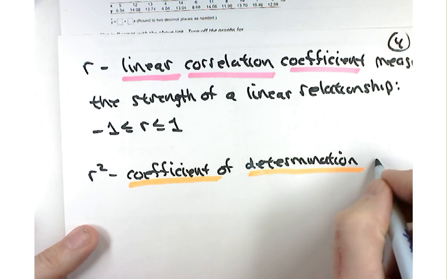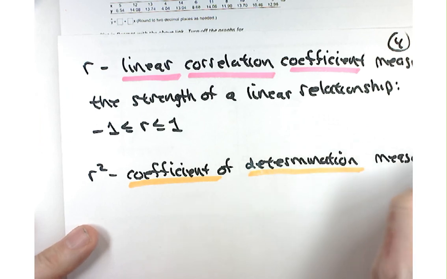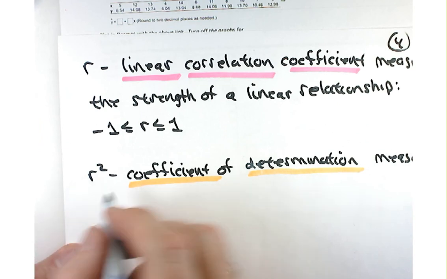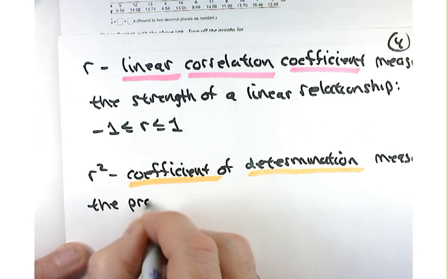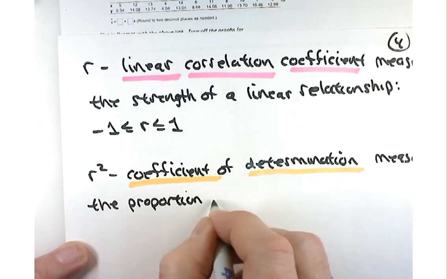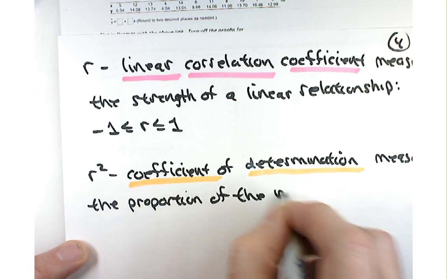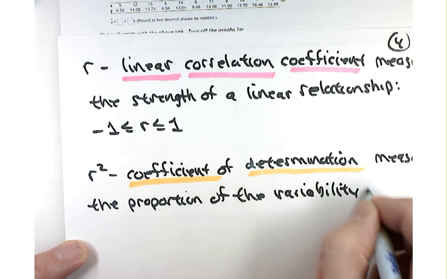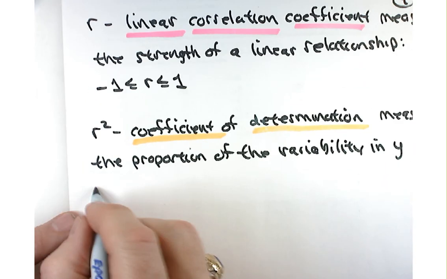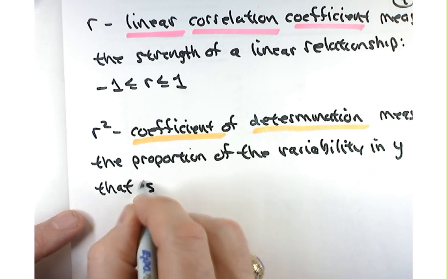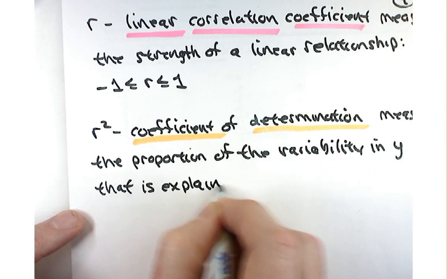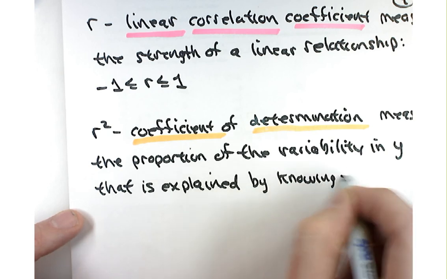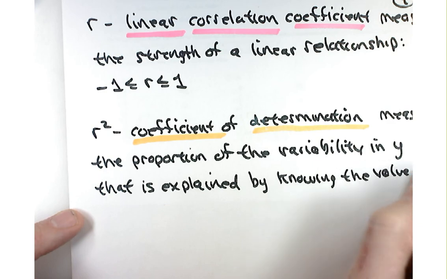This measures the proportion of the variability in y that is explained by knowing the value of x.